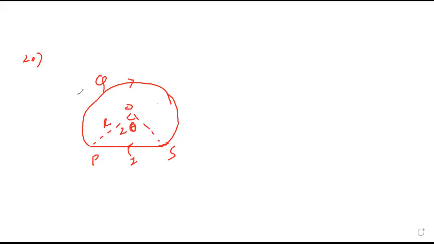So there are two parts. One is that arc and second part is straight wire. How much is this remaining angle? 2 pi minus 2 theta. Yes, sir. So arc is having angle 2 pi minus 2 theta.